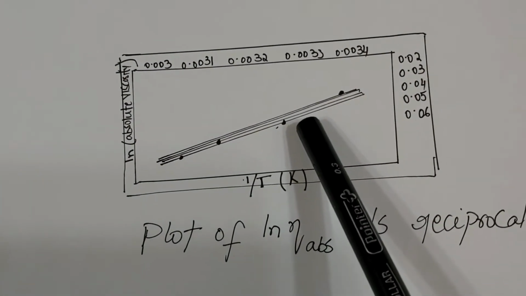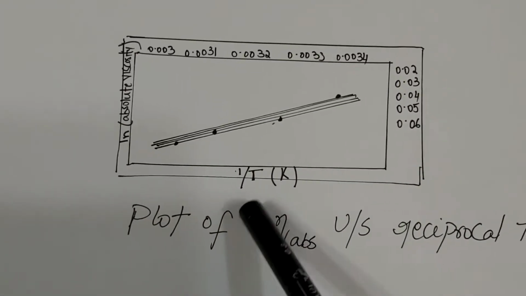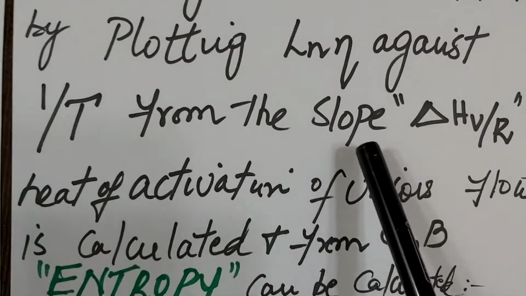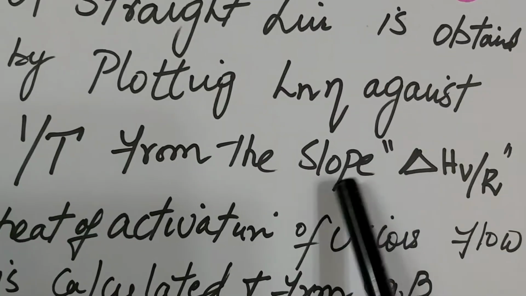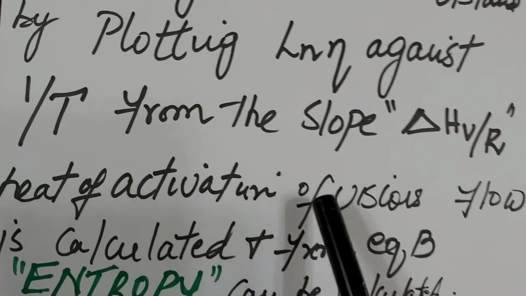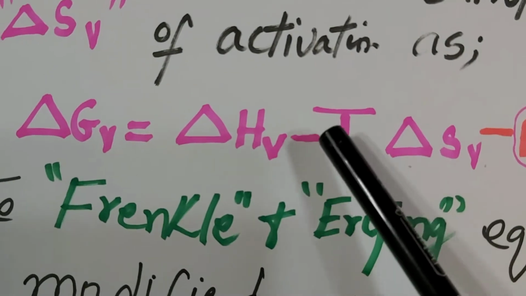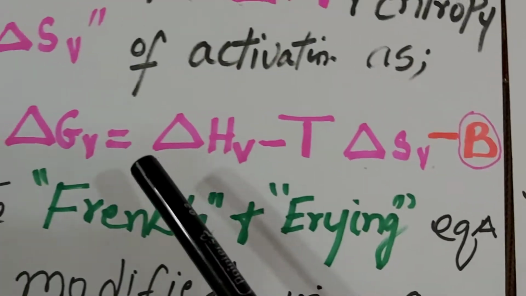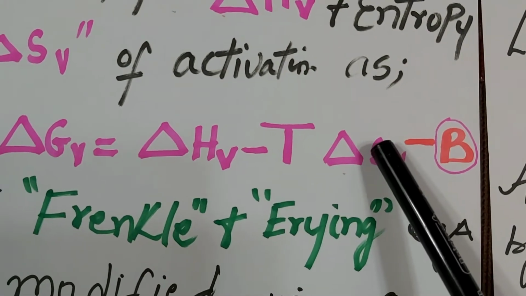From the slope, you are going to get delta HV over R. I have written here that the slope is obtained from delta HV over R, and heat of activation of viscous flow is calculated from equation B, that is delta GV equals delta HV minus T delta SV.